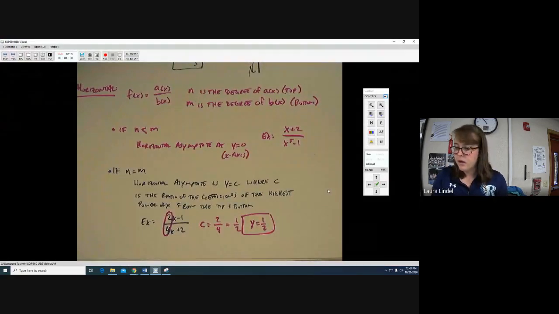Okay. So far we've covered the cases where n is less than m, where n is equal to m, and now we'll cover the case where n is greater than m.